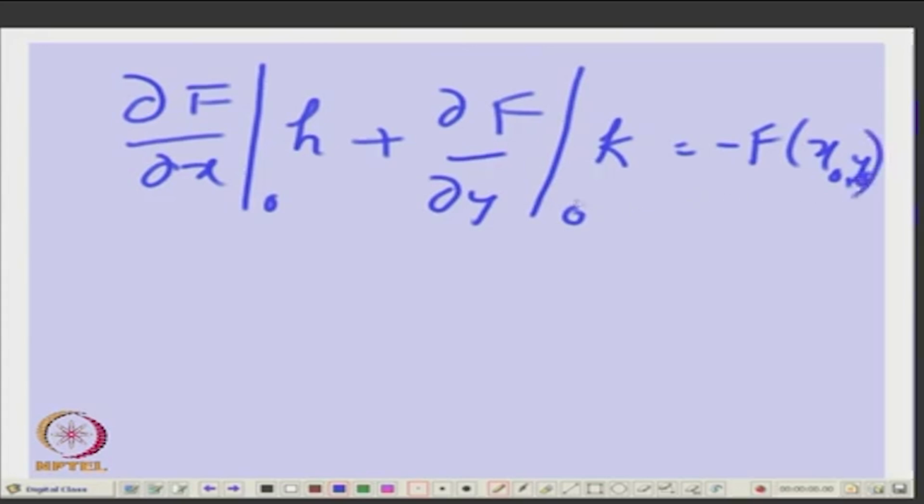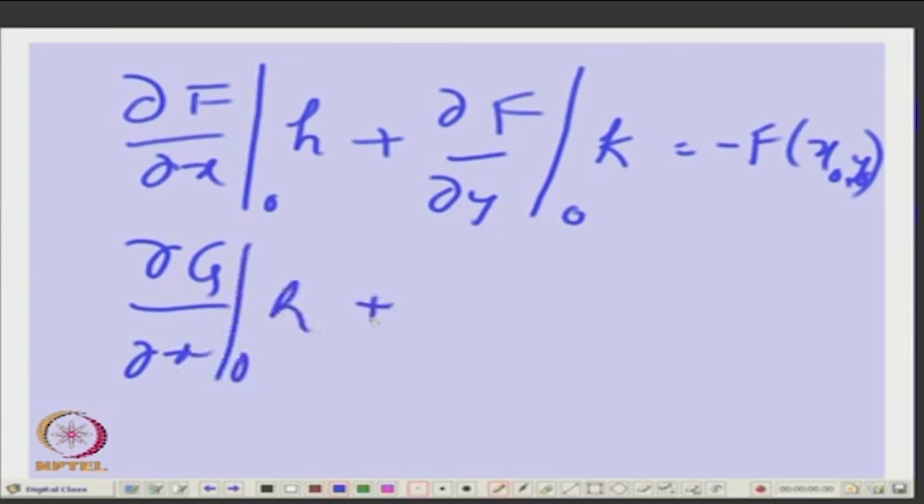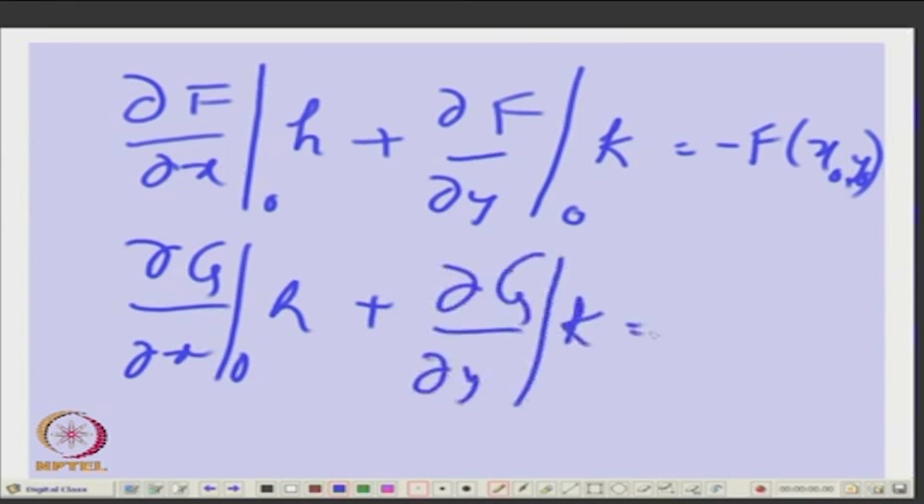Okay. That is what you will do. Now, similarly delta g by delta x of h plus delta g by delta y k is equal to minus g x naught y naught. So, this is how you do it. Okay. I am just repeating this in a simple way.